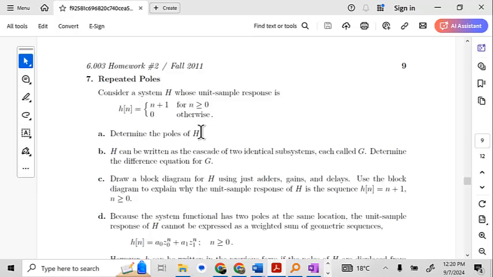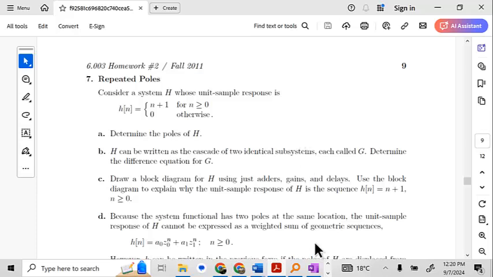Since it can be written as a square, that's the product of two terms. The product of two terms is the same thing as saying you have the composition of two systems. So that term that you're squaring represents a single subsystem. And if you make two duplicates of that subsystem, then you will get the result.